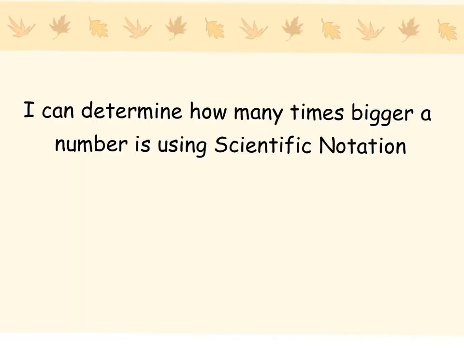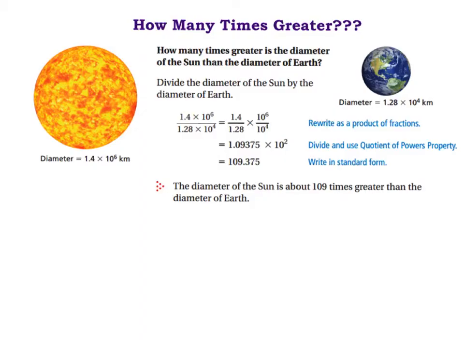So again, our lesson for today, our I can statement: I can determine how many times bigger a number is using scientific notation. So on this page, it just tells you exactly what we just did. How many times greater is the diameter of the sun than the diameter of the earth? The diameter of the sun is the greater of the two numbers, and we can tell that by the exponent. So we've already practiced that skill.